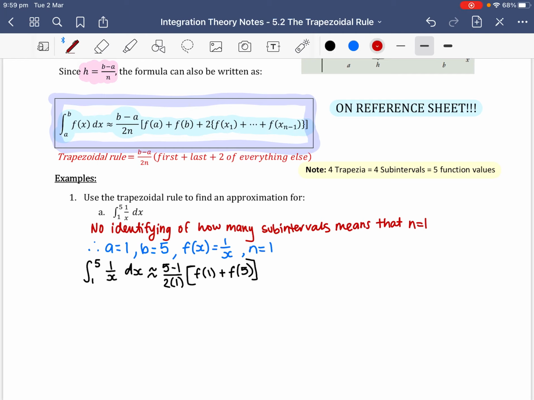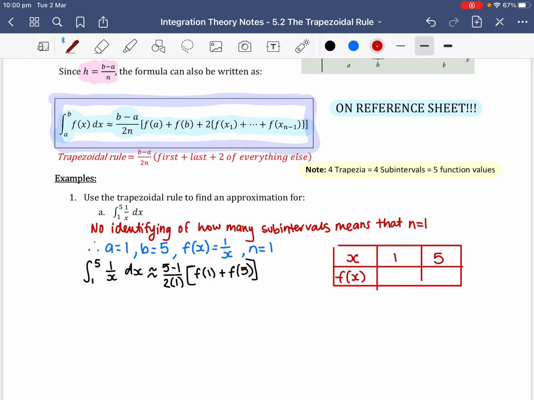So what we want to do now is draw a little table over to the side. And in our table, we only need 3 columns for this: whatever our x value is, what our f of x is. So we have x values in this case of 1 and 5.